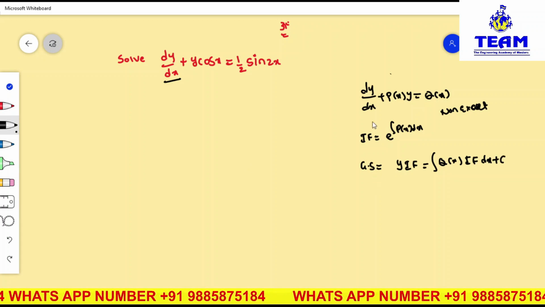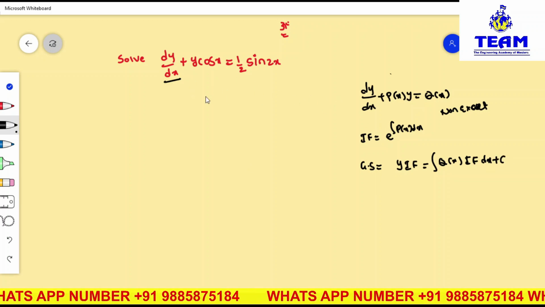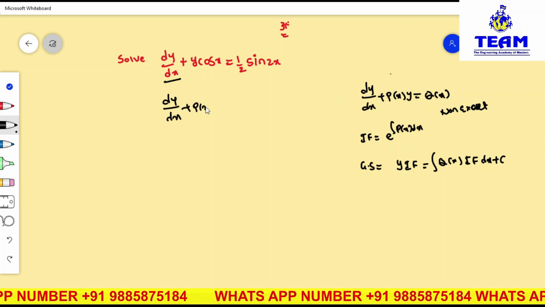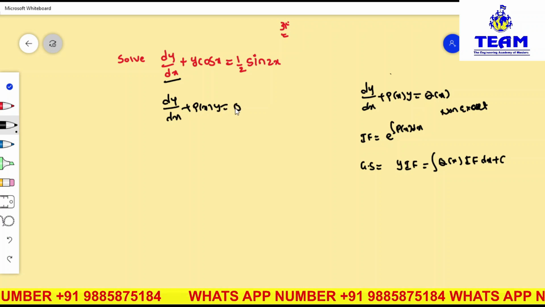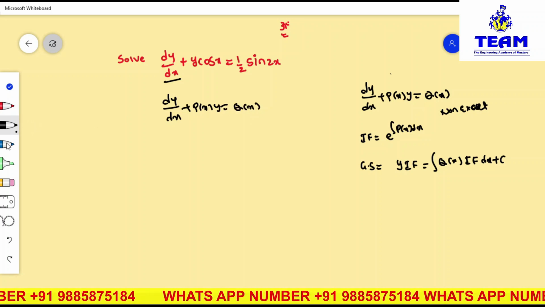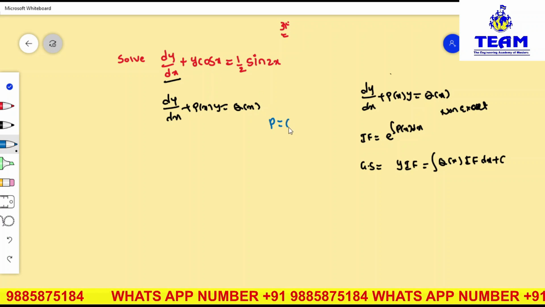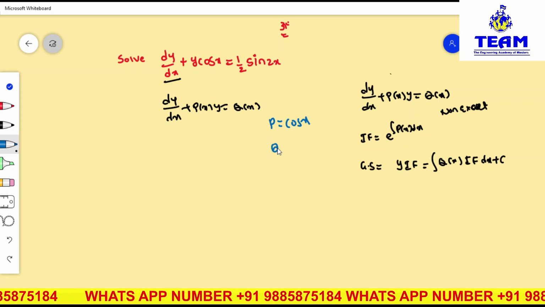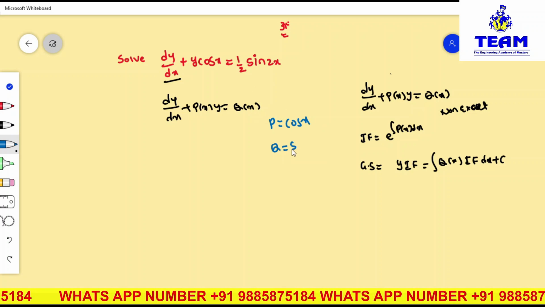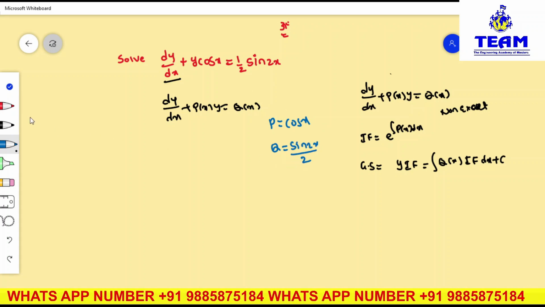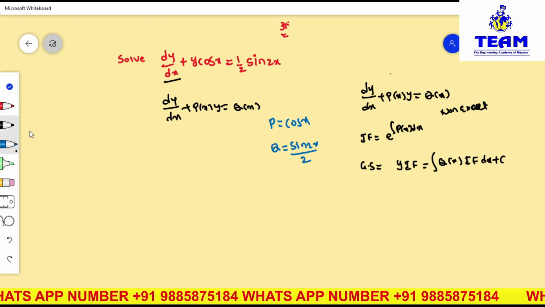Now compare the given problem with dy by dx plus p of x into y is equal to q of x, where p is the y coefficient. What is the y coefficient here? You have cos x. Next, q of x is the right side part, which is sin 2x by 2.